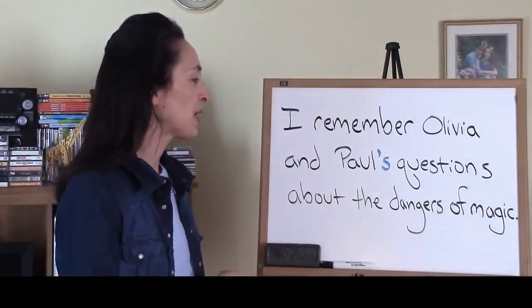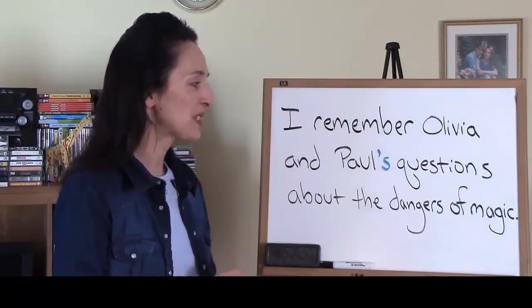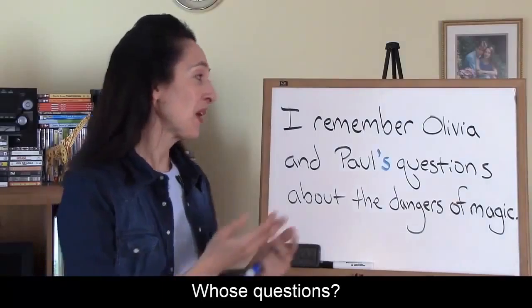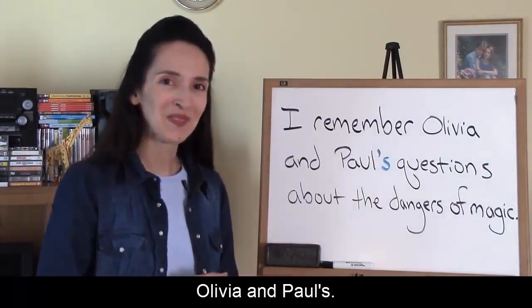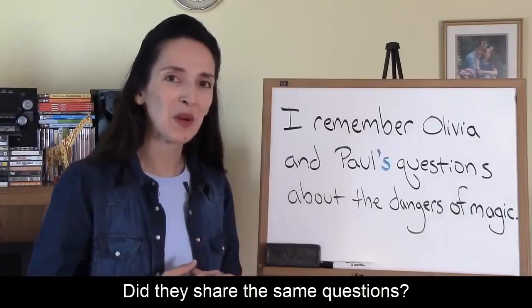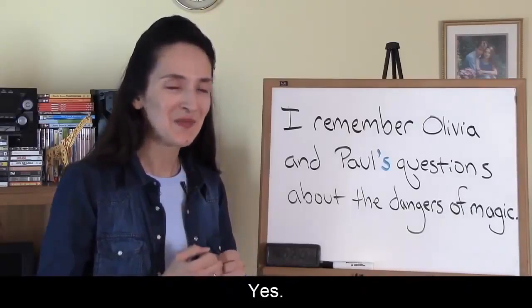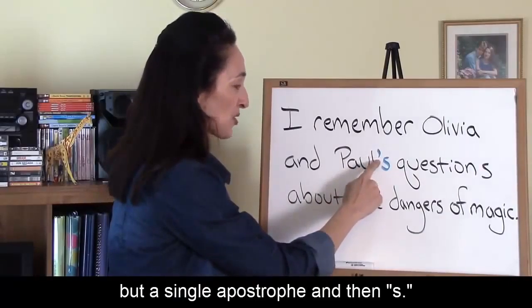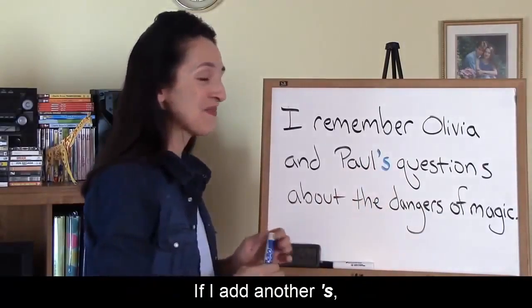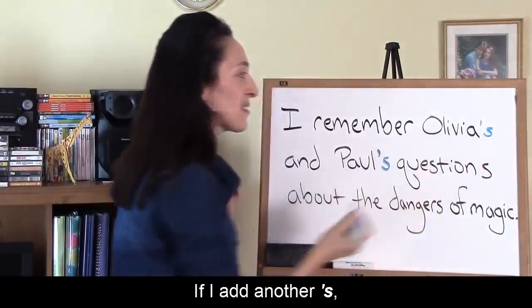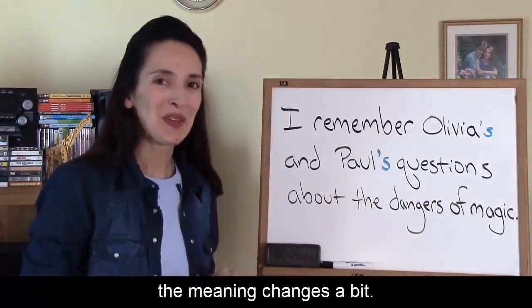I remember Olivia and Paul's questions about the dangers of magic. Whose questions? Olivia and Paul's. Did they ask the same questions? Did they share the same questions? Yes. I have two names, but a single apostrophe and then S. If I add another apostrophe S, the meaning changes a bit.